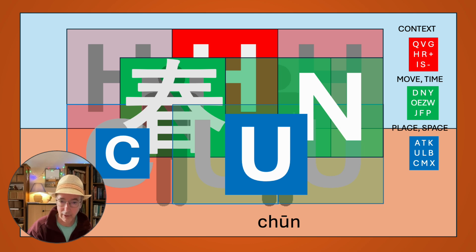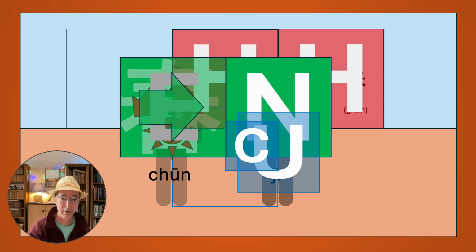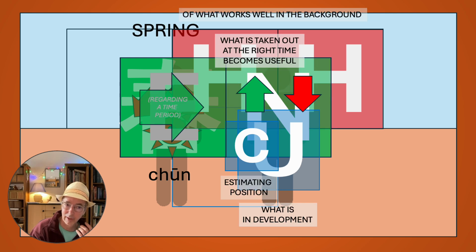Now, okay, now I have to go to what it means. But first, in the background you have this one, so this one you understand already. It's a character, the sun, and then the conditions opening up towards summer, of course. Combined, then you have the chūn. The H is just slightly in the background, already tells you that we have a timing frame in the background.